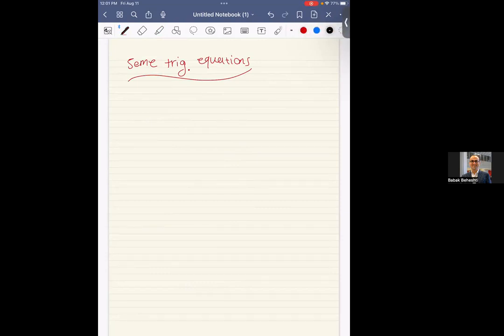Just a simple example of a simple equation. Solve for x.